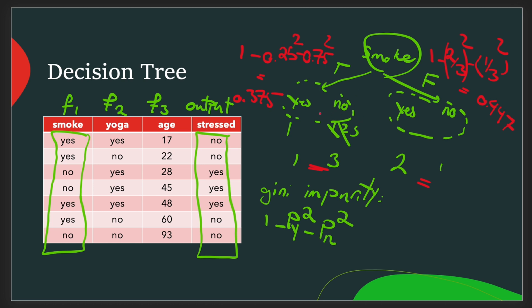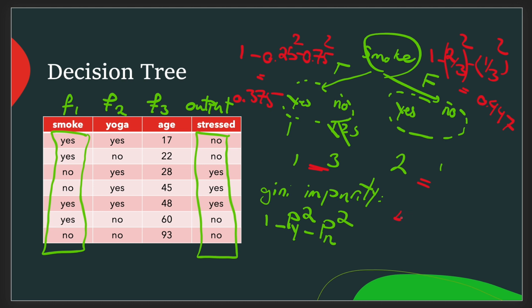So we have to merge these two Gini impurities that we calculated and assign a single number to this node. Because the number of people in each category is different, you want to do the weighted average. So I have 4 people in here, 3 in here. So what's the weight for this one?